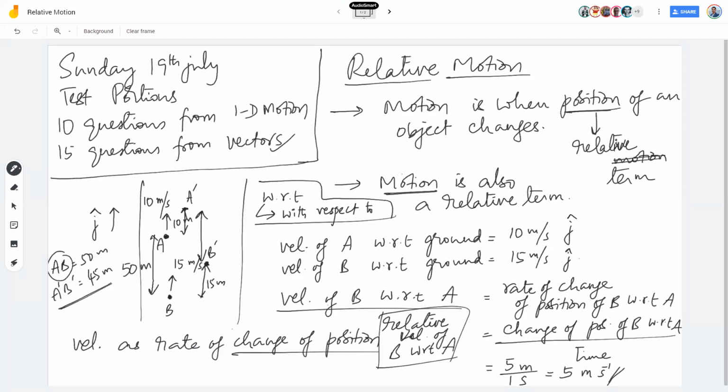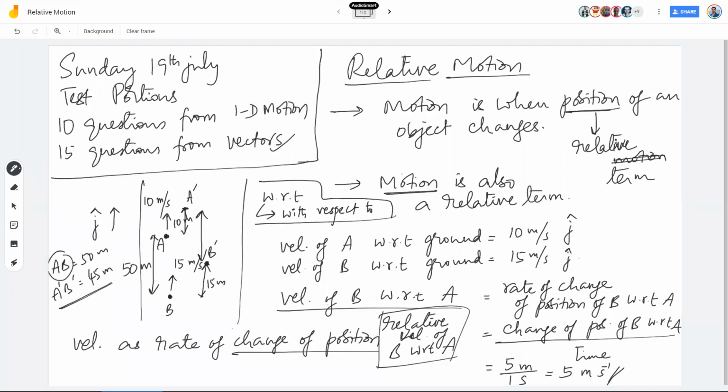Even though A is trying to get away from B, A is actually moving towards B only, if you think about it. A is trying to get away from B, but because of B's motion, they are actually approaching each other. The distance between them is actually decreasing. And the rate at which the distance between them decreases, or the relative position changes, is what is called relative velocity.